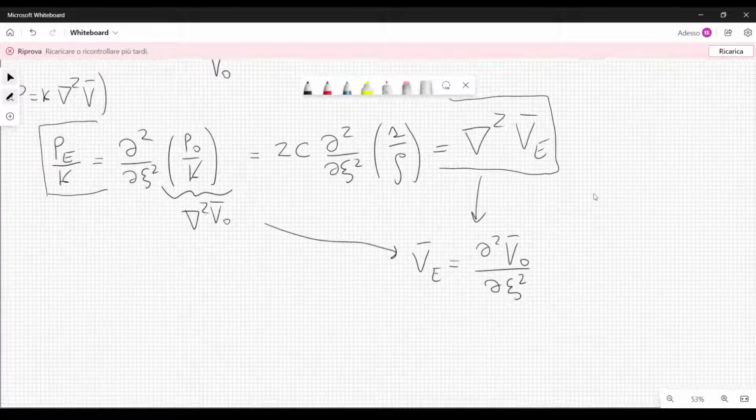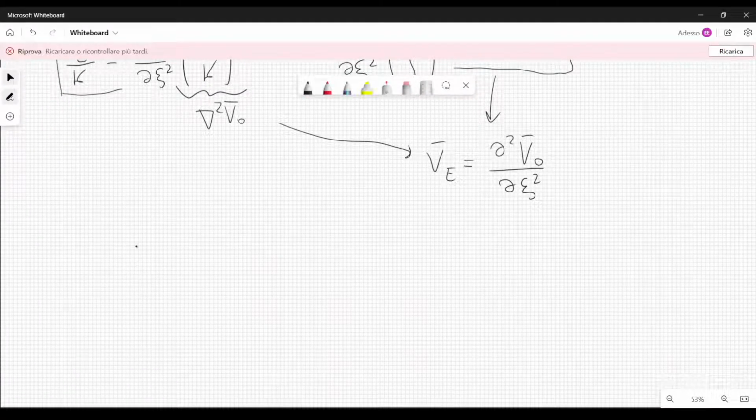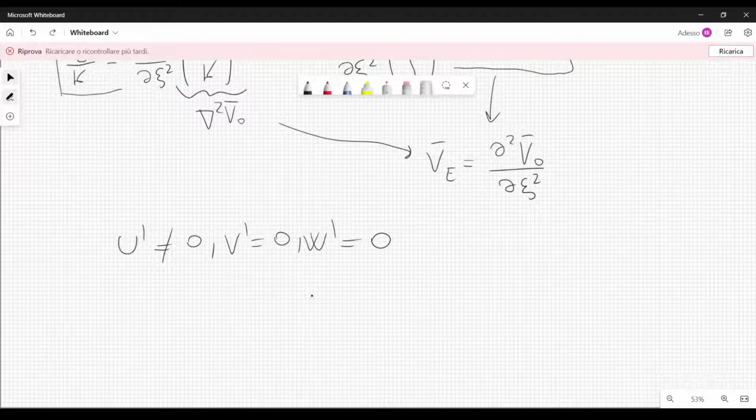And now we will assume that u prime is not equal to 0, v prime is equal to 0, and w prime is equal to 0. We will make this assumption, just like Einstein did, simply because we can use superposition. So we will find the most general expressions by using superposition.